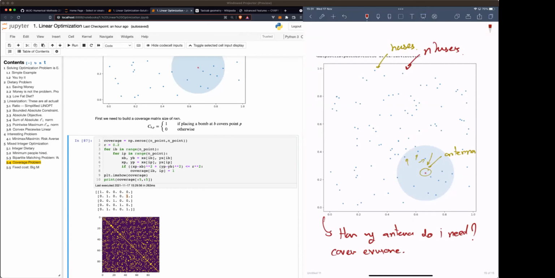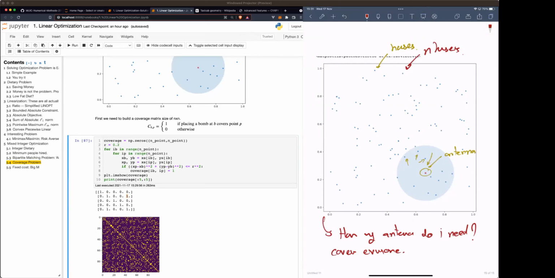Can you tell me really quickly? If there are n houses, how many solutions are there? Anyone? For each house, what can you choose? You can choose to either place an antenna or not place an antenna on it, right?